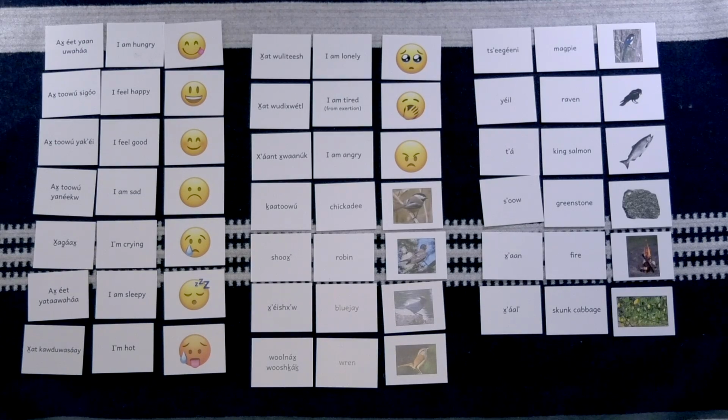The games are going to really rely on, for memory anyhow, the emoji and associating the emoji with the Lingít. So we have a set of emotions, and then we have a set of nouns. Going through, we'll practice these just going through once.